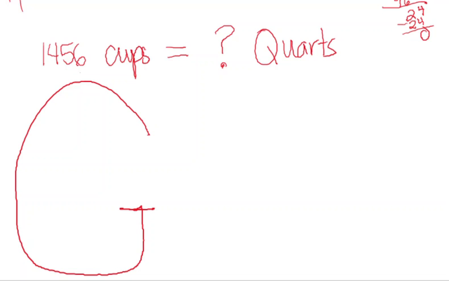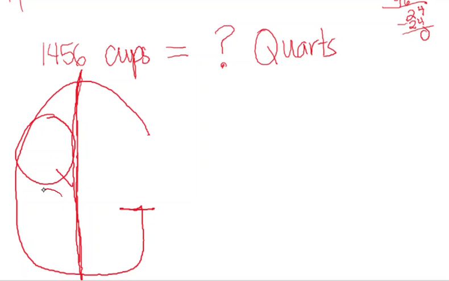In a gallon, there are 2 half gallons. So I'm going to divide my gallon in half to represent 2. Each side represents a half a gallon. In each half gallon, we're going to see that the key number 2 is used again. There are 2 quarts on each side.